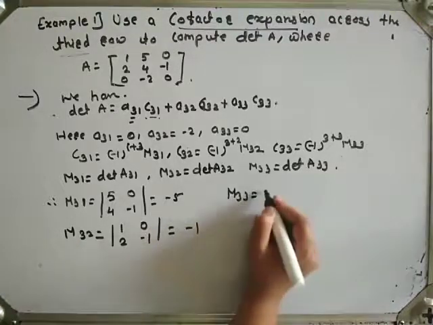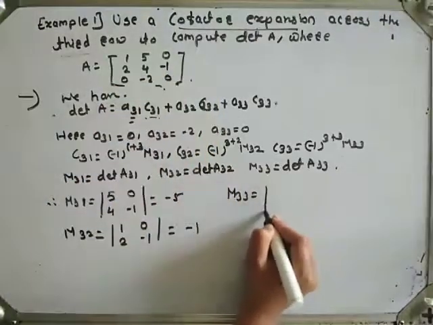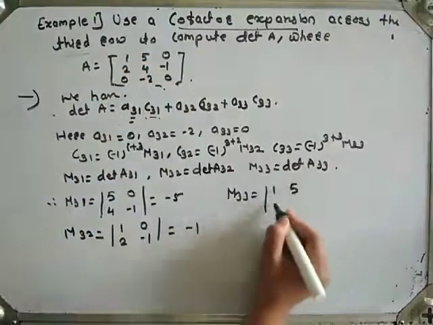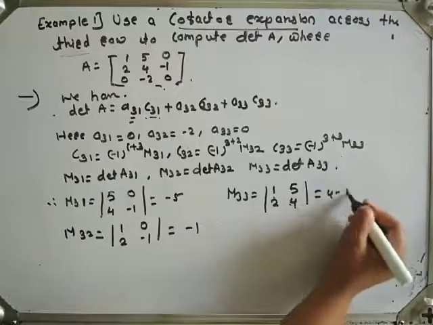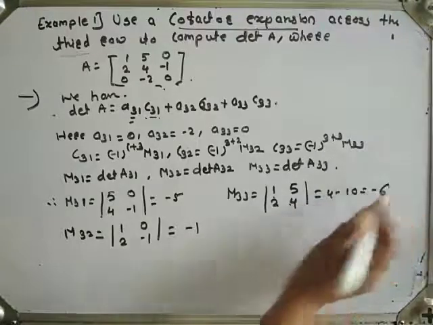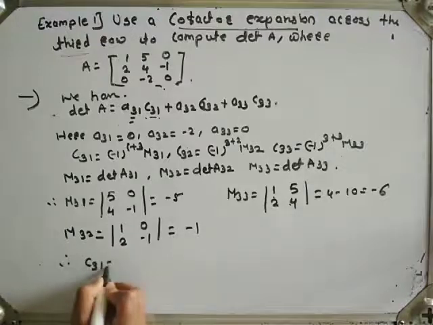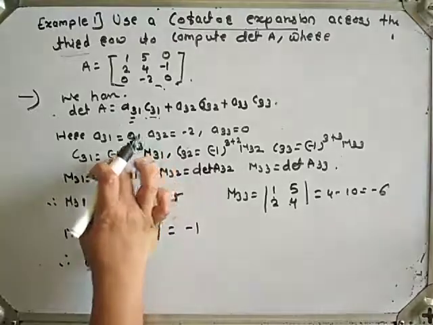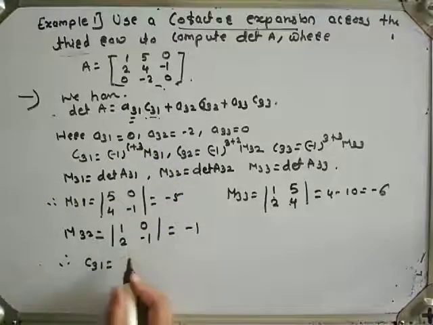M33: delete the third row and third column. Therefore we find the determinant of [1 5; 2 4], which is 4 minus 10, equal to minus 6. Therefore C31 is minus 1 raised to 4, which is plus 1, into M31.